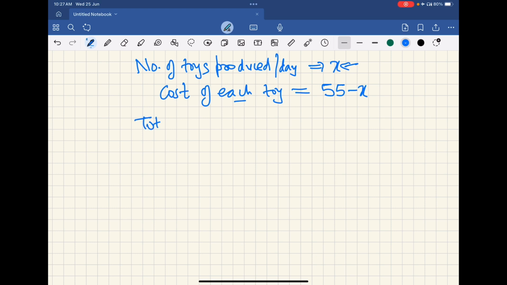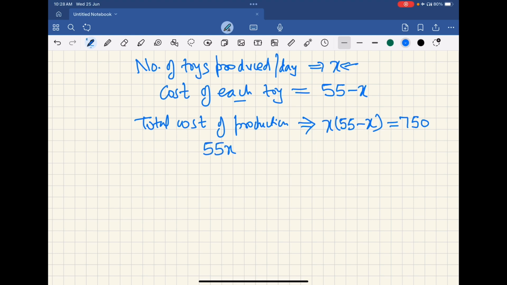So the total cost of production in a day would be x times 55 minus x. According to the question, that is equal to 750. Now if I multiply x with 55, I get 55x, and plus x into minus x gives minus x square, equals 750.